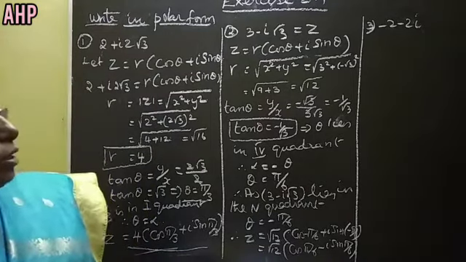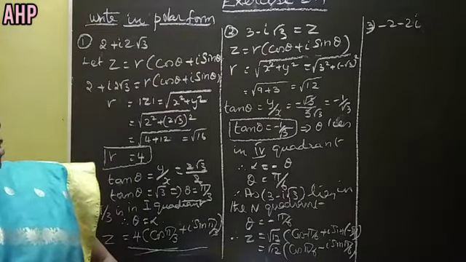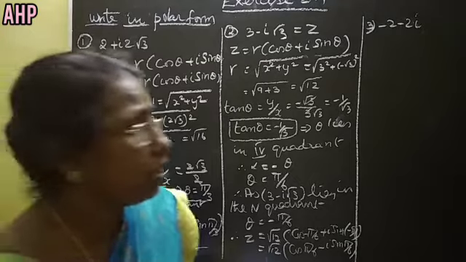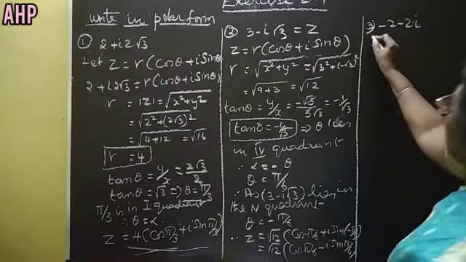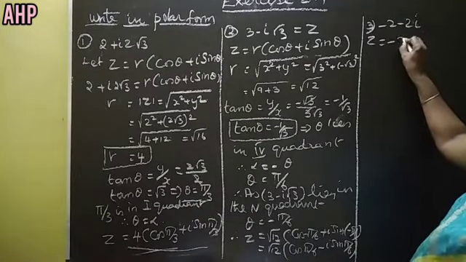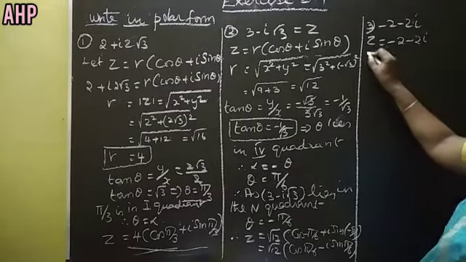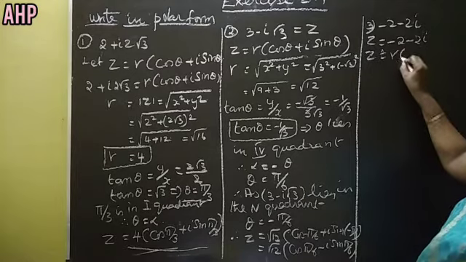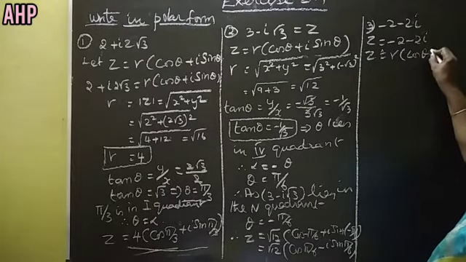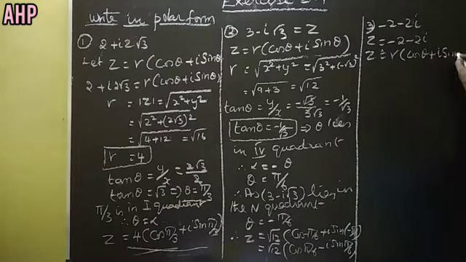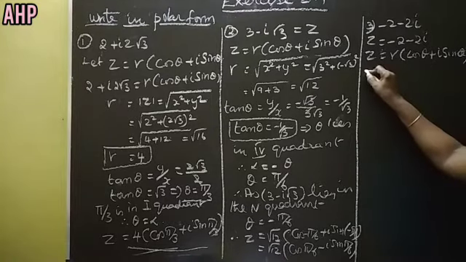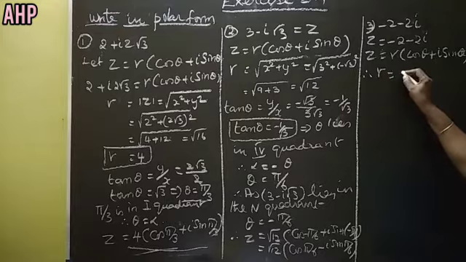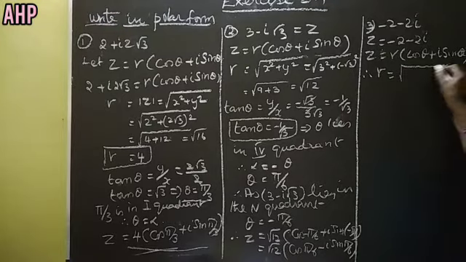Now in the third question, z is given to be minus 2 minus 2i. So z is equal to minus 2 minus 2i. So z is equal to r into cos theta plus i sin theta. Therefore, r is equal to root of x square plus y square.